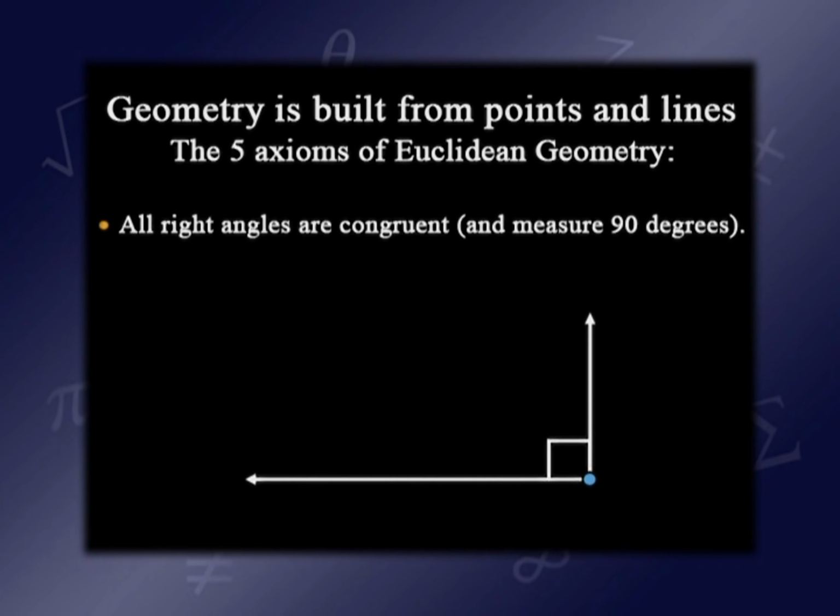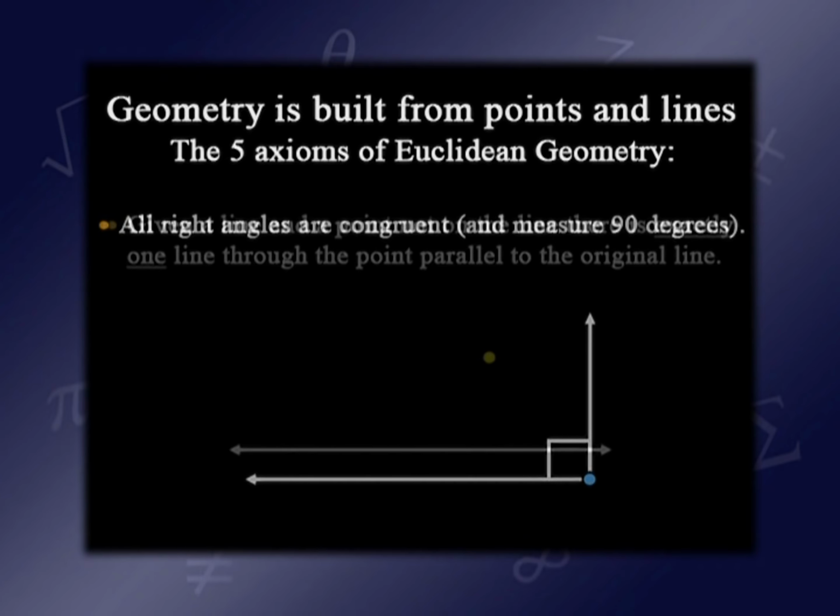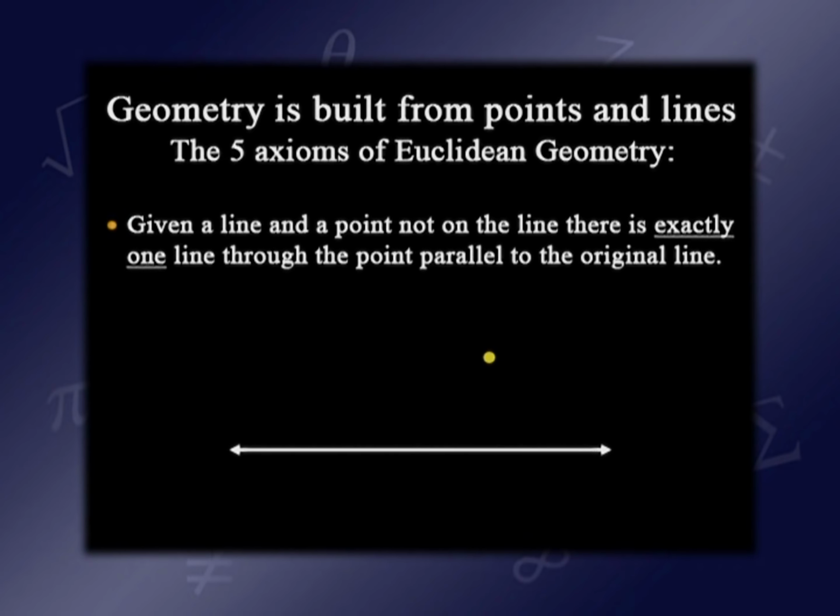The 5th axiom, maybe the most famous of the 5 axioms, says that given a line and a point not on the line, there is exactly one line through the point that's parallel to the original line. Okay, so look at the illustration. You have a line and a point that's not on the line, and there's exactly one parallel line.